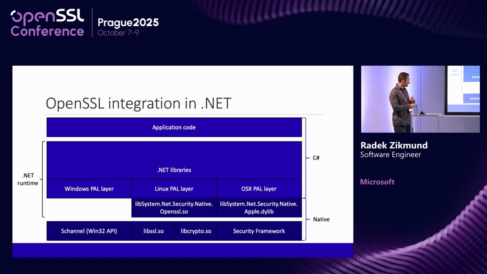And specifically on Linux and macOS, we also include some small native binary, because some things are easily done or more efficiently done when done purely in native than marshalling back and forth and crossing the language boundaries. So it's a little bit more practical to have some small binary inserted between the system libraries.